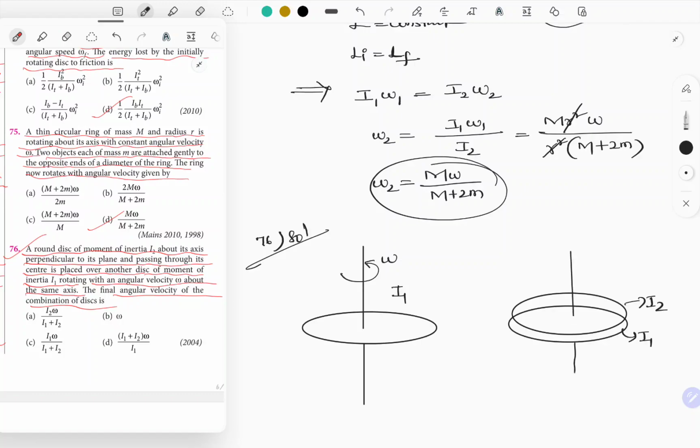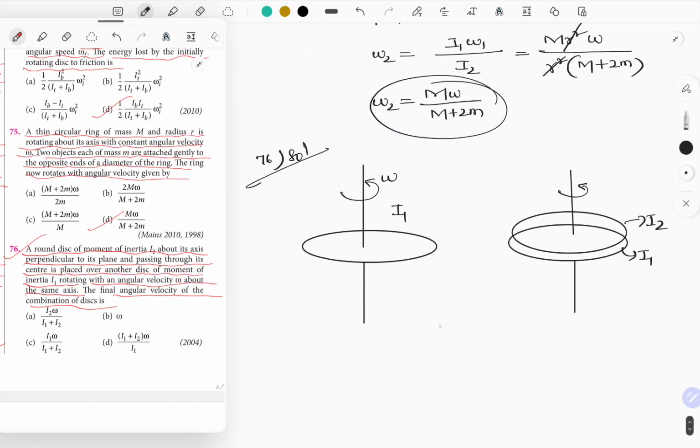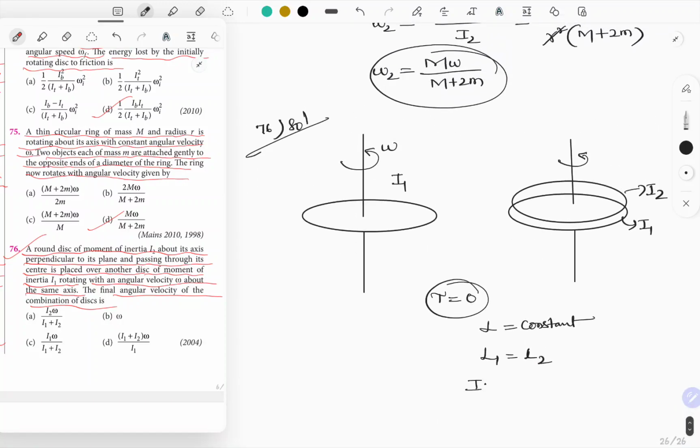So we know that again torque is equal to, is torque 0 or non-zero? Torque is equal to 0. Then angular momentum is equal to constant. Initial angular momentum is equal to final angular momentum. So I1 omega 1 is equal to I2 omega 2. Instead of writing like this, you can write I initial omega initial equals I final omega final.